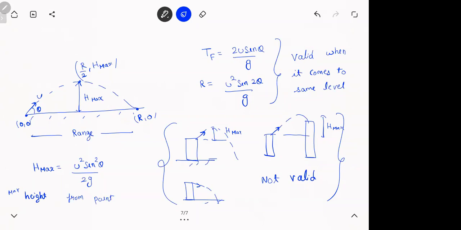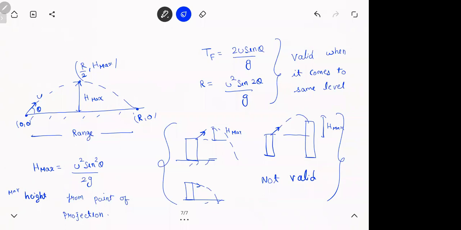This is the max height from the point of projection. So the Hmax formula you can use from anywhere you throw. That doesn't matter. But the time of flight and range formulas won't be valid if you're throwing from buildings. Remember that.